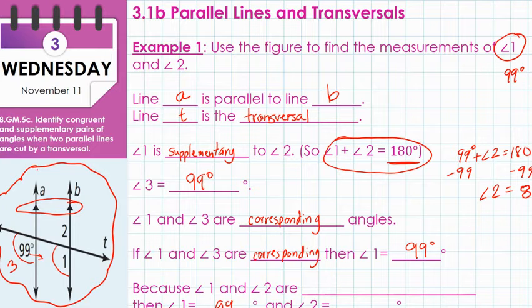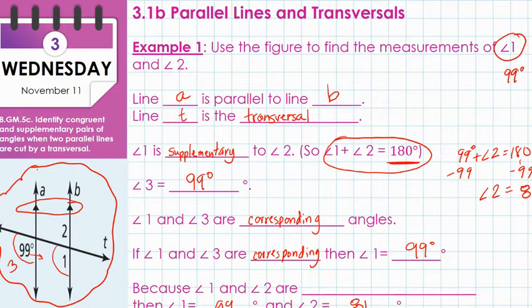If I go back and do it in the reverse order, 9 plus 1 is 10, plus 8 is 180. We know that 180 degrees is what we wanted to make sure that they add up to. So angle 2 is 81 degrees.